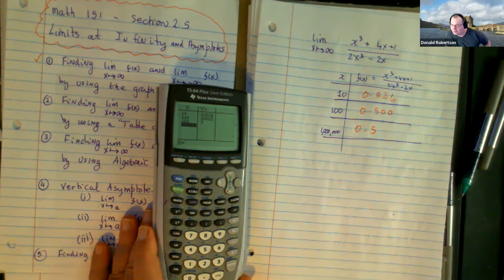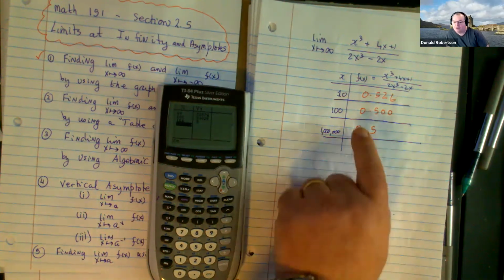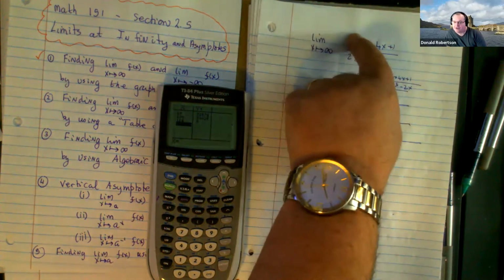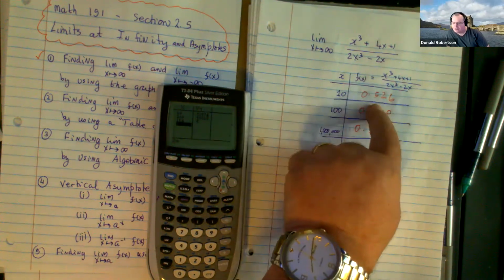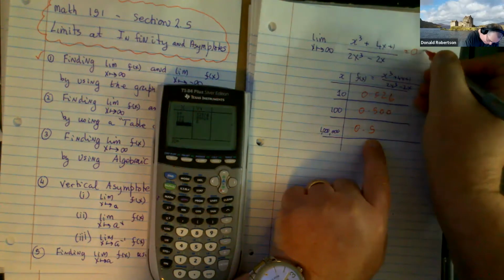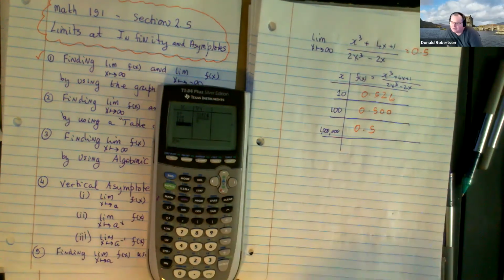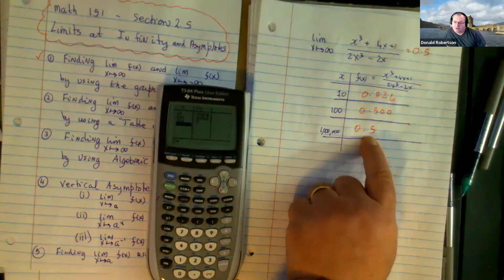But it just rounded it off to 0.5, which is really good for us, because the limit of this fraction, as x gets infinitely large, can you see this homing in on the answer? 0.5. That makes sense? So if you find the value of the function at extremely large values of x, aren't you going to get an answer that is pretty close to the limit if it exists?